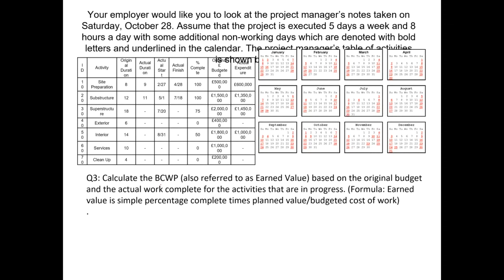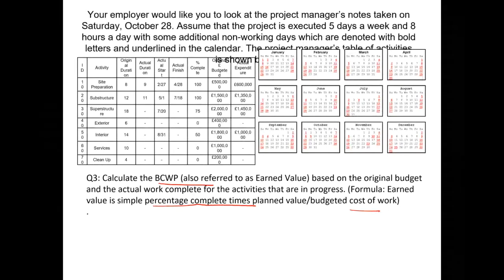The third thing is to calculate the budgeted cost of work performed, which is also referred to as earned value, based on the original budget and the actual work complete for the activities that are in progress. So the formula that has to be used is earned value is simple percentage complete times planned value, or budgeted cost of the work, right?